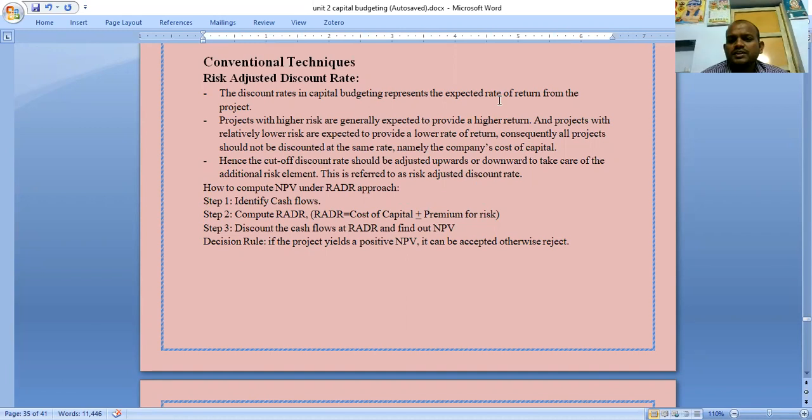But in such returns, how much portion is risk free and how much portion is involved risk? We don't know that.